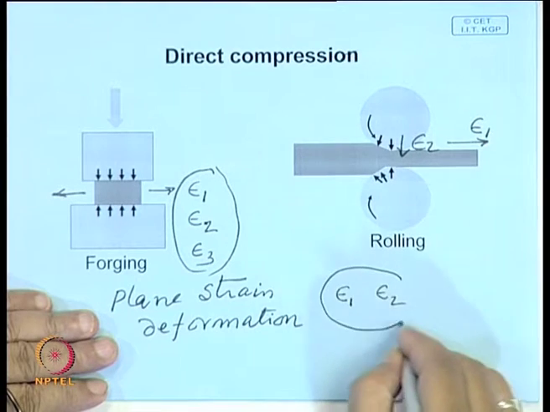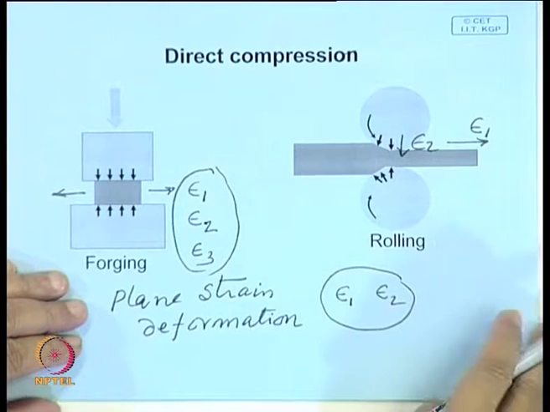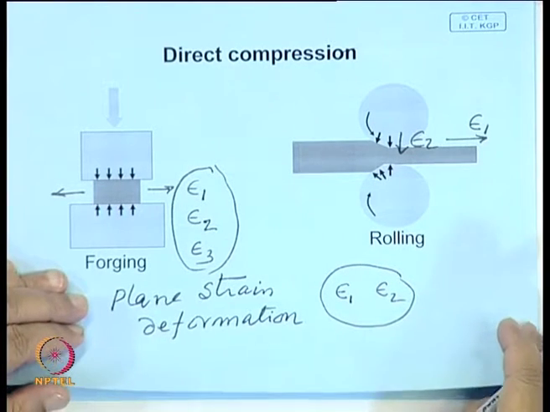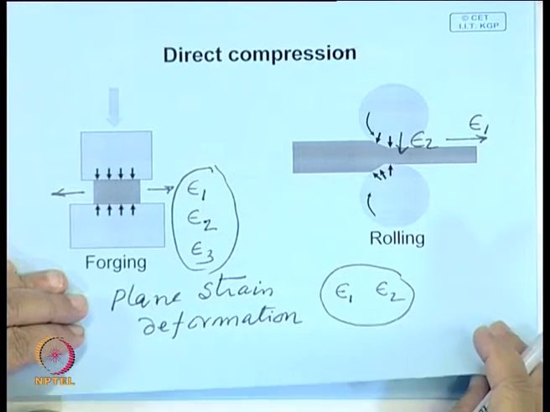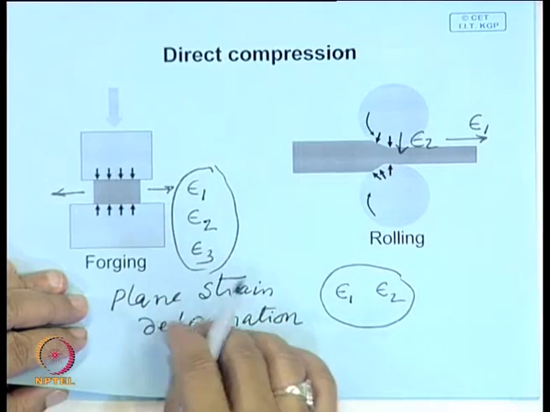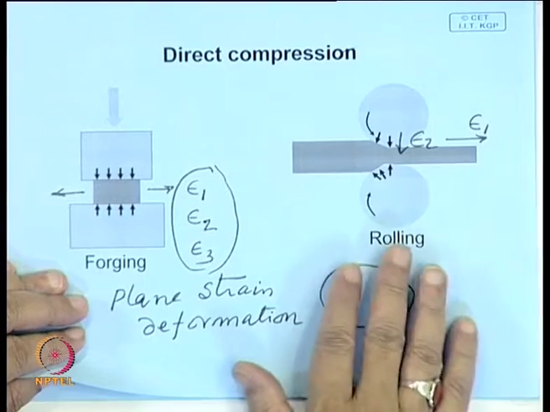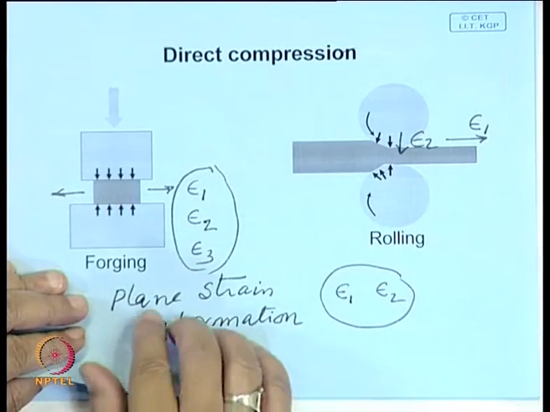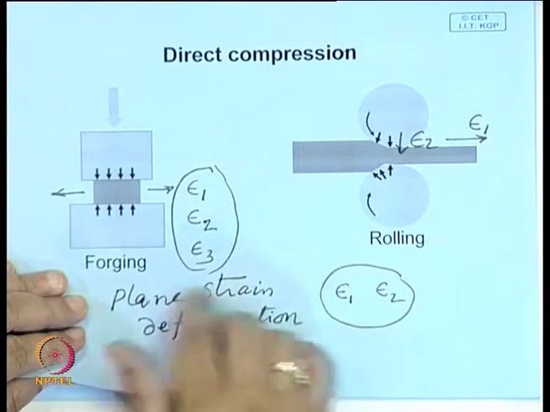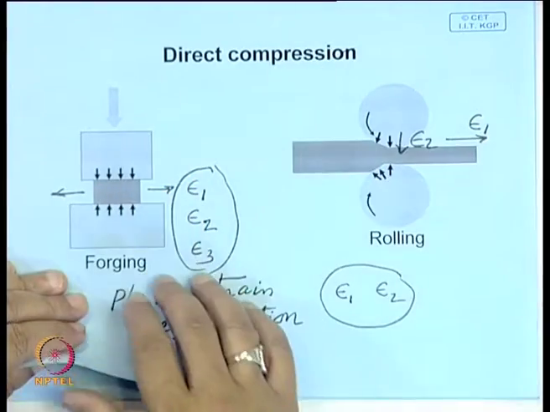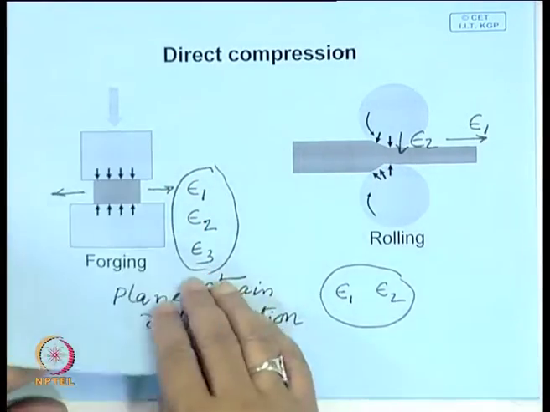So, most of the bulk deformation processing, which is used primarily to break down the cast microstructure, is plane strain deformation, and many plastic deformation processes can be considered plane strain, like die forging, rolling, and many other processes as well.